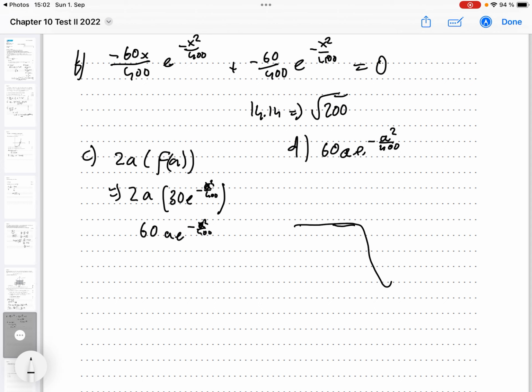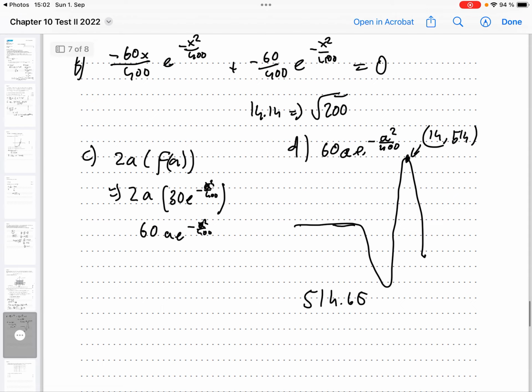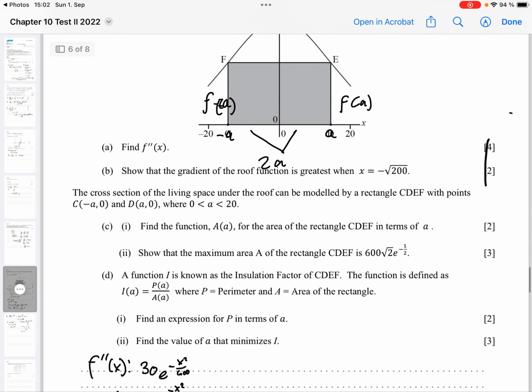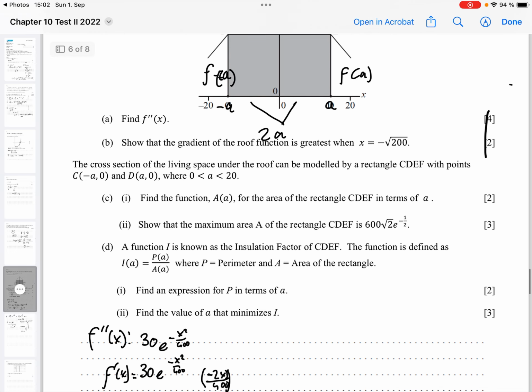The graph looks like this, and this point is the maximum area at 514. So our maximum area will be 514.65. Now, this is the decimal equivalent of the expression given in the question here. So we have shown that it is the maximum possible area.